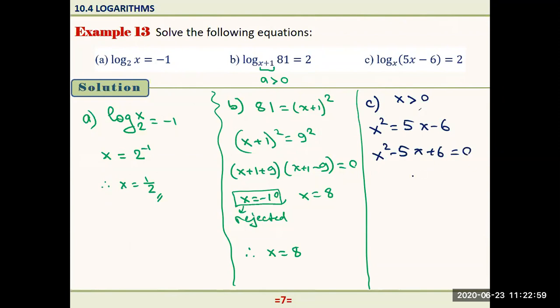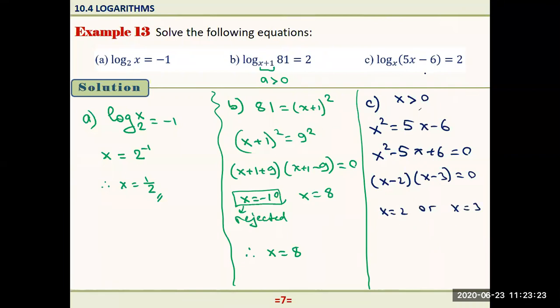It's just a quadratic equation. And if you solve this by factorization, -2 times -3 is 6, and -2 plus -3 is -5. So I can factorize it as x minus 2 times x minus 3, which is equal to 0. So x equals 2 or x equals 3, right?